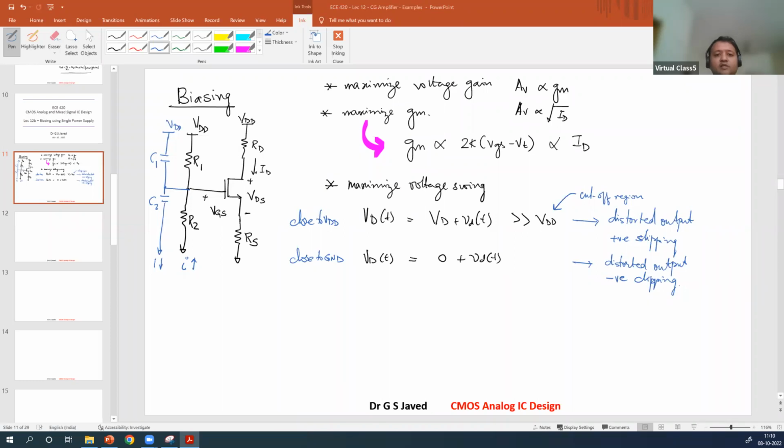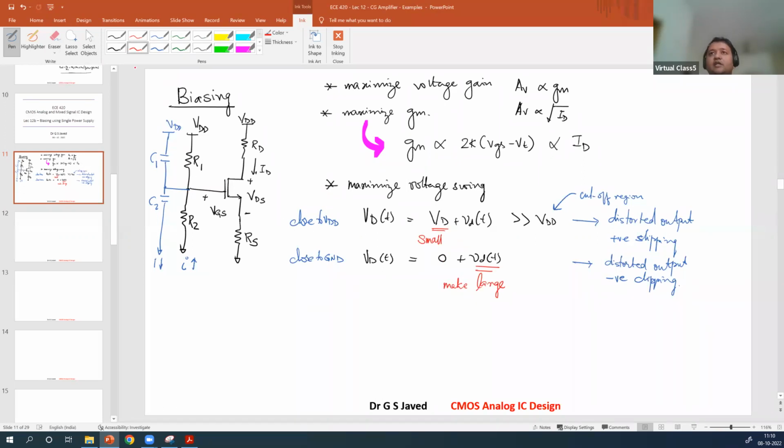So to avoid this, we should have some biasing value. To ensure that this VD swing can be large, your VD has to be small, but greater than 0.